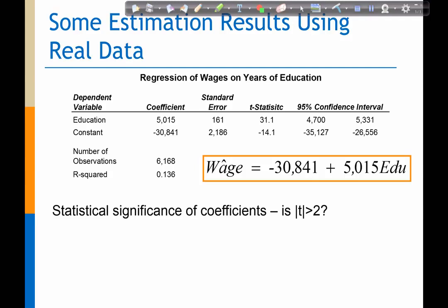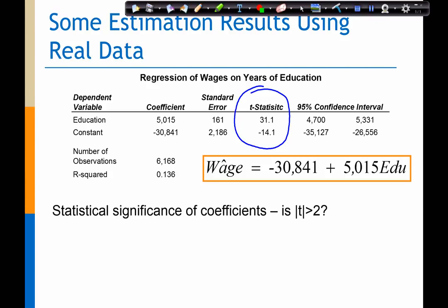The other thing to briefly mention about these regression results are called t-statistics, and those are found in this column here. And basically, without getting into too much detail, if you have a test statistic or t-statistic that is greater than 2 in absolute value, that means that that particular variable is statistically significant and should be in the regression.